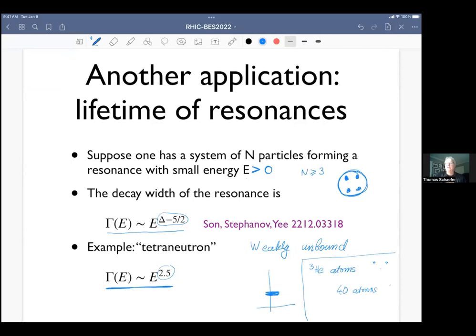That's then technically irrelevant at large distances, but it does make the resonance. Yeah, it could make a resonance. The thing is that it's not clear whether one can make a tetraneutron without destroying all the other things in nuclear physics. Yeah, that's what people are confused about.